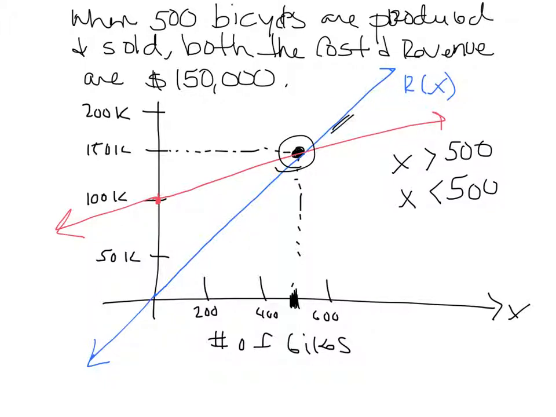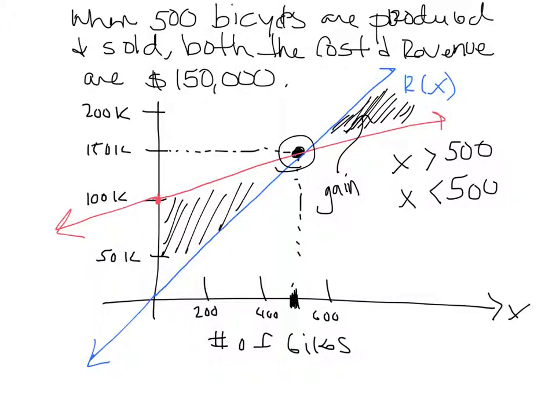Let me shade this. Right here, you're making money if you sell more than 500 bikes. If you sell less than 500 bikes, this is really a loss. You're losing money. So if you sell 200 bikes or 300 bikes, this in here is really a loss.